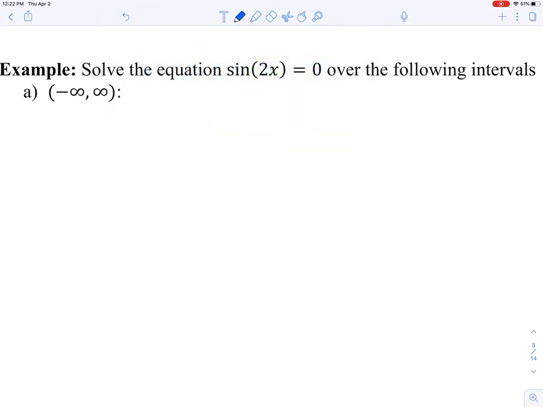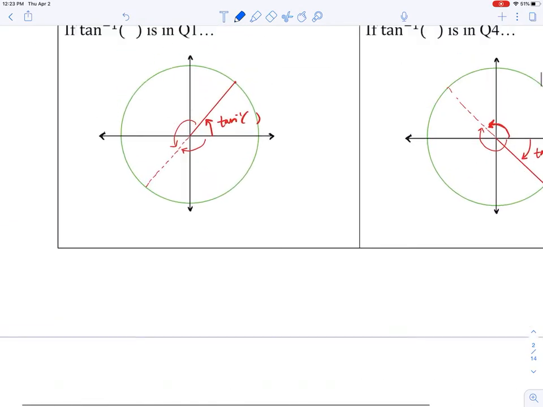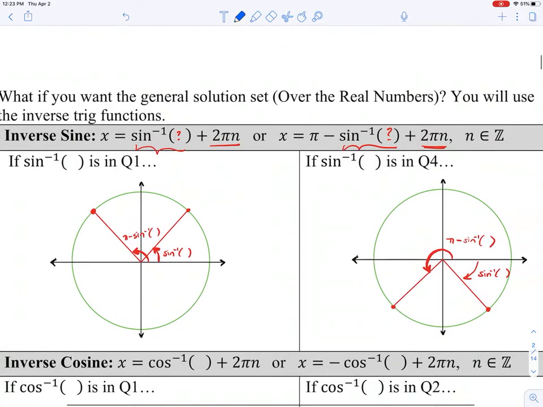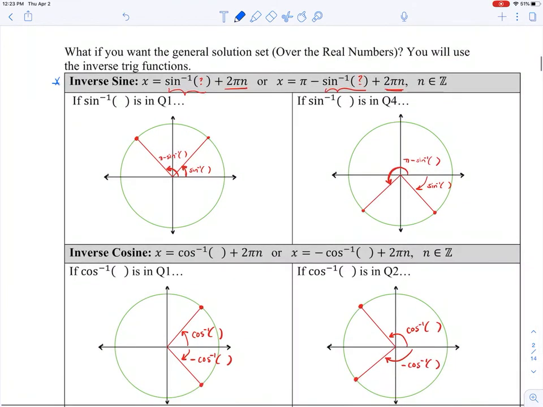Okay. So sine of 2x equals 0. I'm going to be using inverse sine because I have sine of something equals a number. So that tells me I'm going to be using the inverse sine. The argument is not just x, it's 2x.